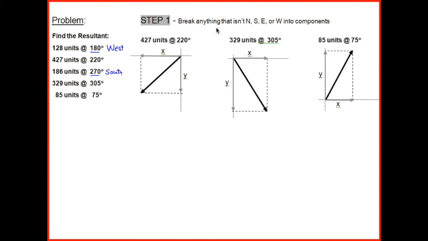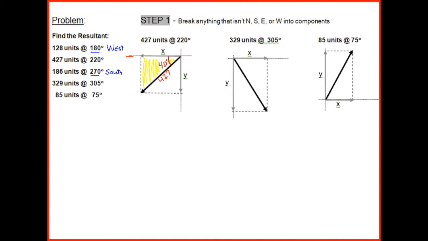So step 1, break anything that isn't north, south, east, west into components. So that's what I'm doing here. The other 3 vectors, I'm breaking into components. So I'm starting with this one. If this is 180, and I want to be at 220, I can tell this angle must be 40 degrees. It's 40 degrees past the 180. So I'm looking at this top triangle.